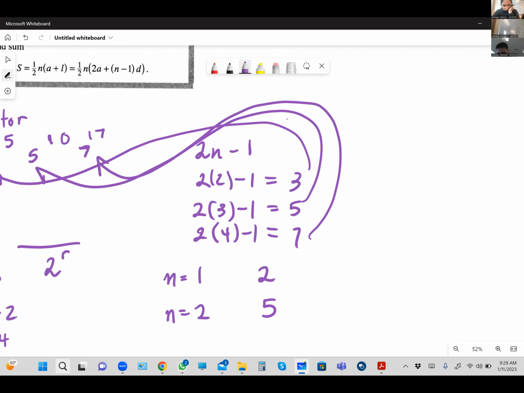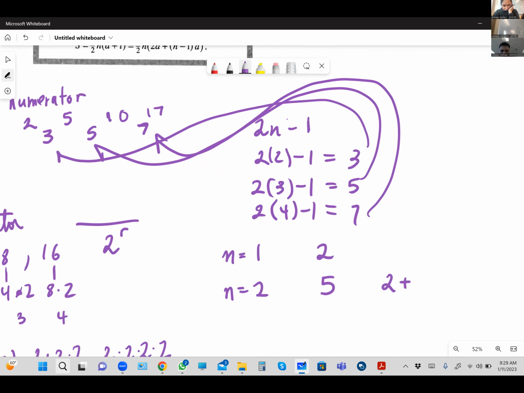For instance, if I put the following, 2 plus 2n minus 1, what do I get? I get 5. When n equals 3, I should get a 10. Yes, somebody wrote 3r minus 1.